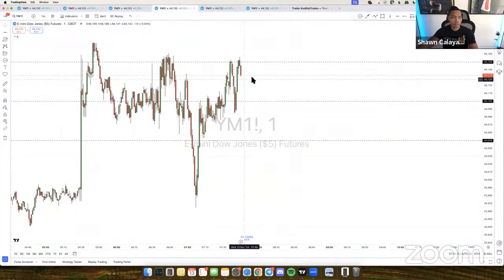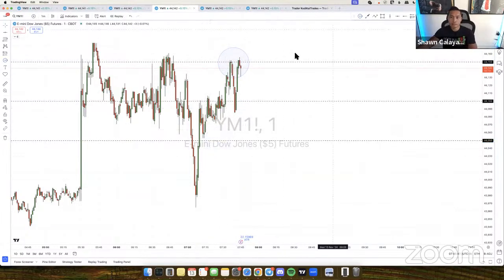Oh, I didn't even realize. So this is actually kind of a bad entry point, guys. I just realized it's right at the top range. I should have checked the clean chart before I thought about entering this trade, but it's okay. I'm already in it, so I can't do anything about it. It's currently above the top range, the range that we were talking about earlier.